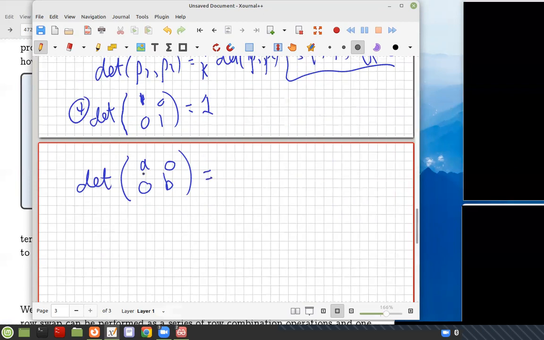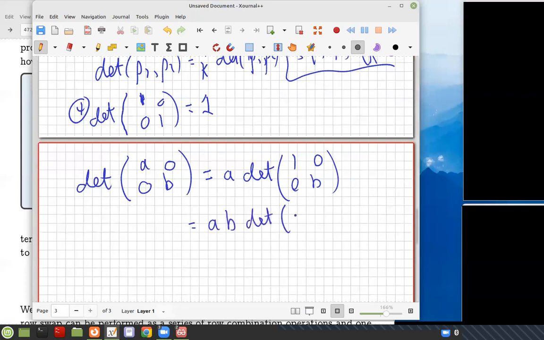Well, this is equal to A times 1, so I can pull out the A. That's equal to A times the determinant of 1, 0, 0, B, and I can pull out the B from row 2, so that's going to be AB times the determinant of 1, 0, 0, 1. And since this is the determinant of the identity, this is equal to A times B.